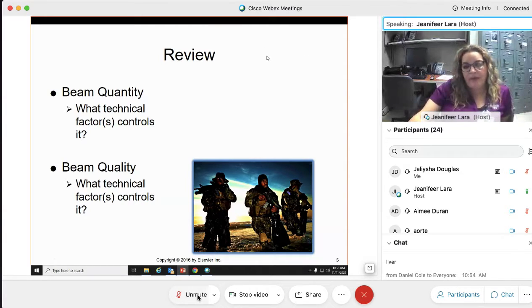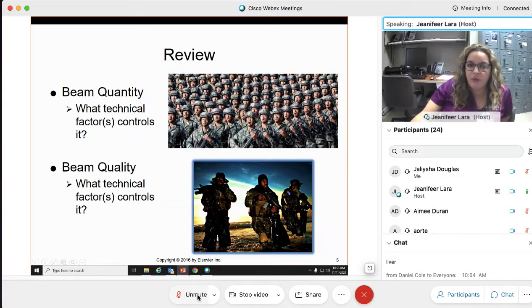Okay? So why do I have these soldiers here? When you take a look at these gentlemen, they look like they're quite prepared for the long haul, aren't they? They look like they are going to get to the final outcome. I'm using it for Veterans Day. If I'm talking about all of these soldiers, we can see that there is a large number. We can count. Not to talk about their ability, but there's just sheer numbers.